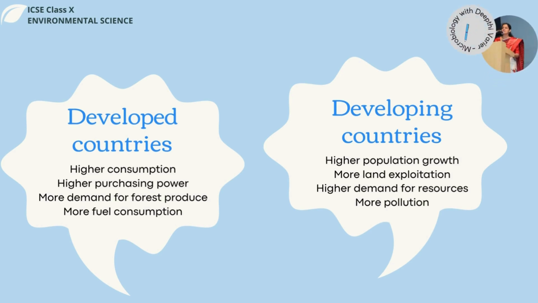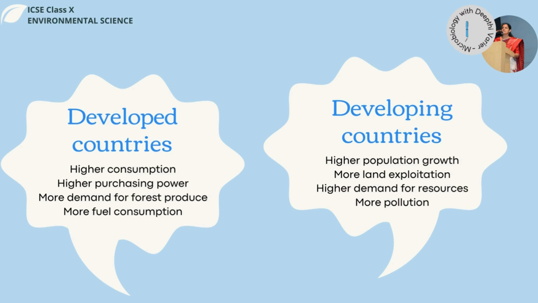Every 1,000 individuals in a developed country are consuming 3 to 4% of the earth's resources, in comparison to 9,000 individuals of the developing countries. Because developed countries have more purchasing power, they have more consumption. Their demand for forest products is much more. Their forest fuel resource consumption is more. So they do have more consumption because of their higher purchasing power. That is one side of the developed countries.